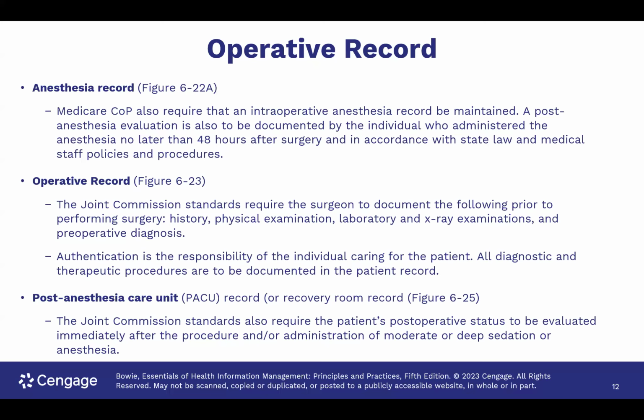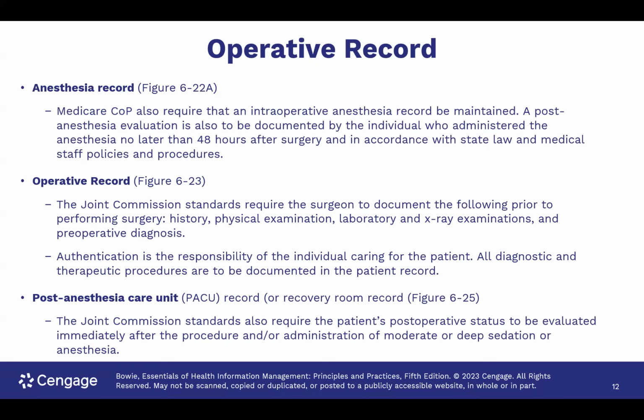And then these are also reflected again in medical staff policies and procedures. The operative record, or called the op report, is completed by the surgeon and it documents what the condition was before surgery, describes the procedure during surgery, and then talks about what happened at the conclusion of it. So patient was admitted, appendectomy was performed, talks about the history of it, the exam, the labs, all that.